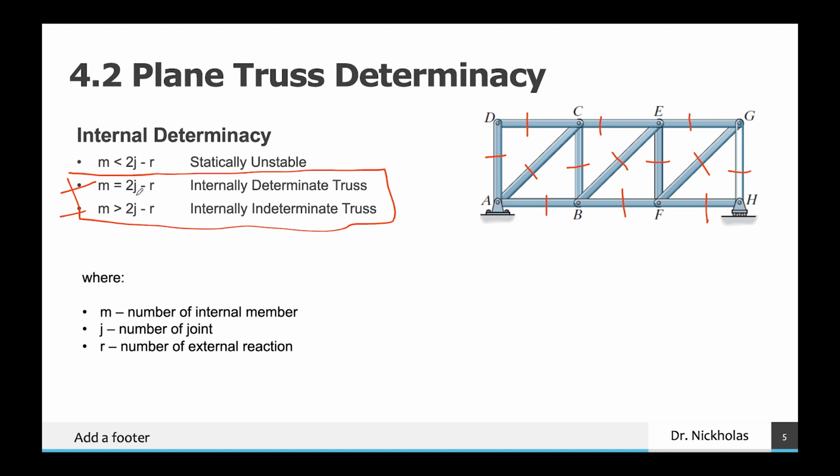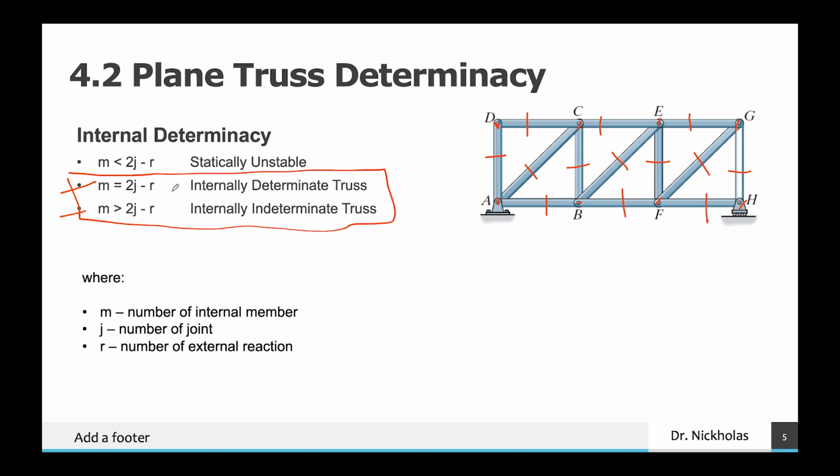To complete this condition, we need the number of joints. So we have joint 1, joint 2 here, 3, 4, 5, 6, 7, 8. So we have 8 joints. A joint is the place where we connect the members. So we have 8 joints here.